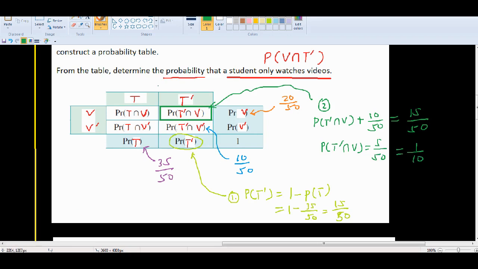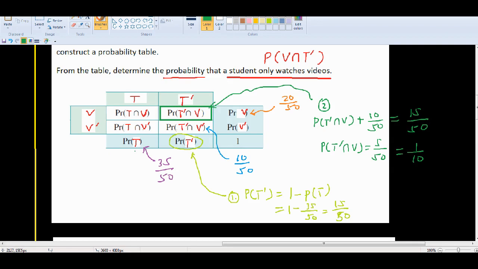So you see how to use the table. First, you need to construct the table with probabilities, and then put the given information into the table.